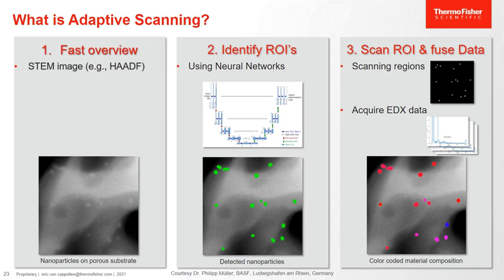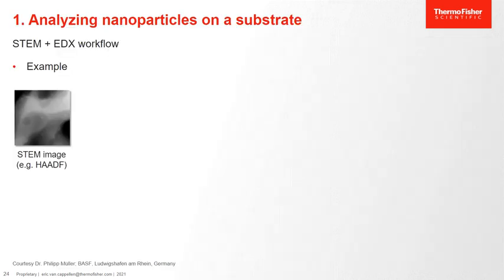Obviously, this will save a vast amount of time compared to doing an EDX map of the whole region, but it will also improve the integrity of the sample because porous substrates are known to degrade under irradiation. So now the fact that you used way fewer electrons to acquire the same data, the integrity of the sample is preserved.